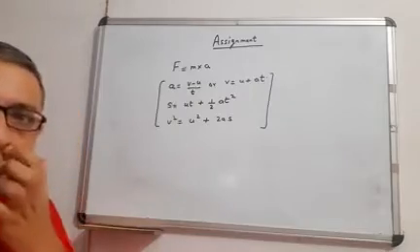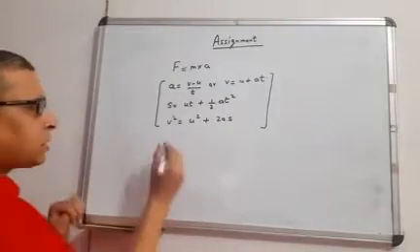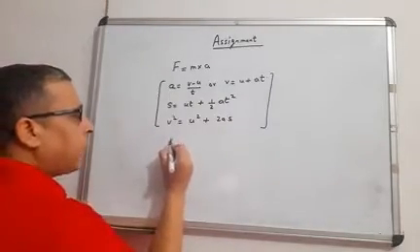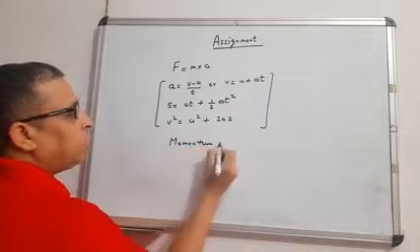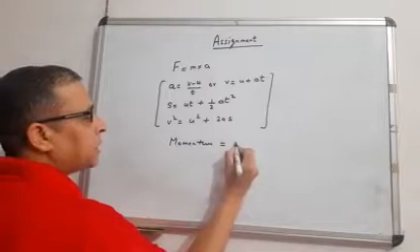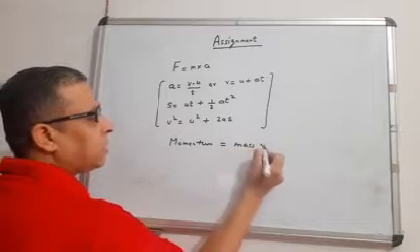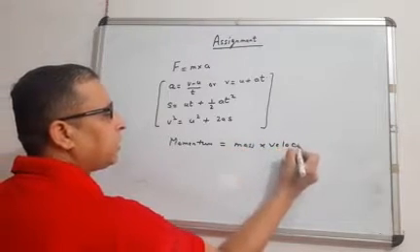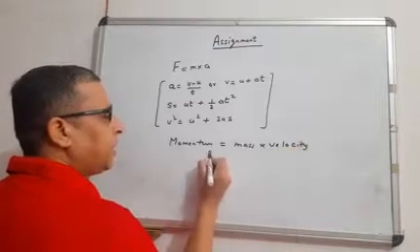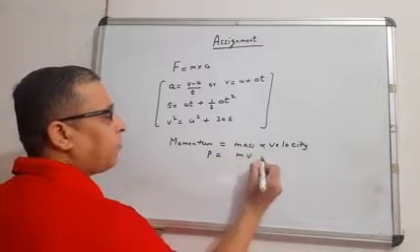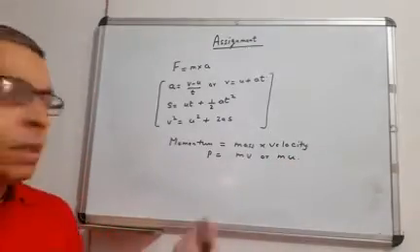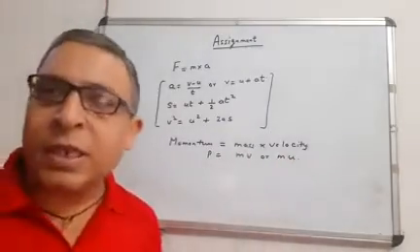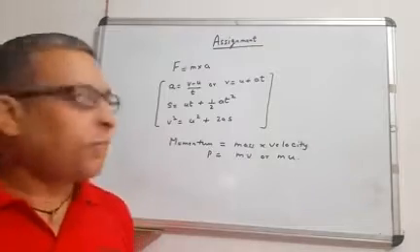Clear? Then coming to the next, we'll have momentum, which was also based on your second law. Momentum is given by mass into velocity. P is equal to mv, or we can also say mu, as you have studied that velocity can be initial or final.